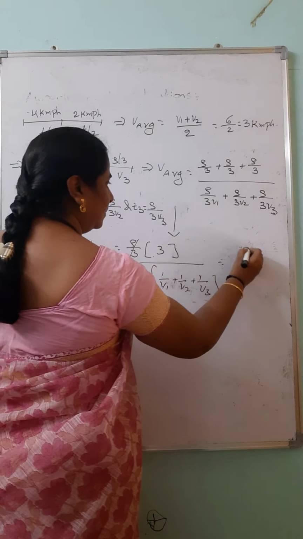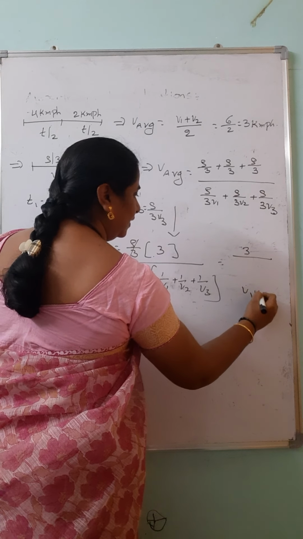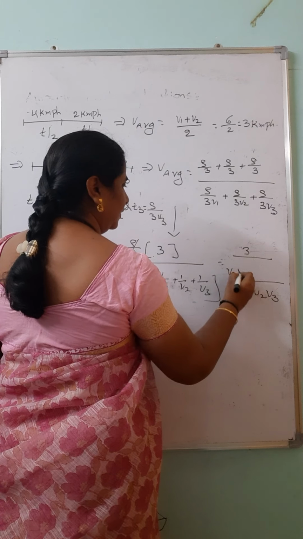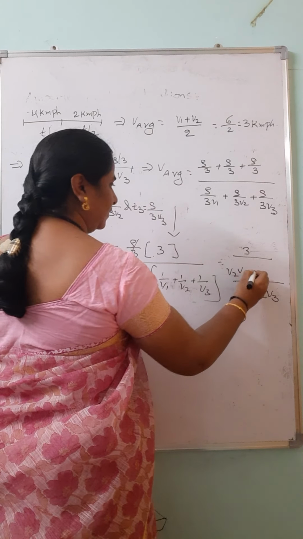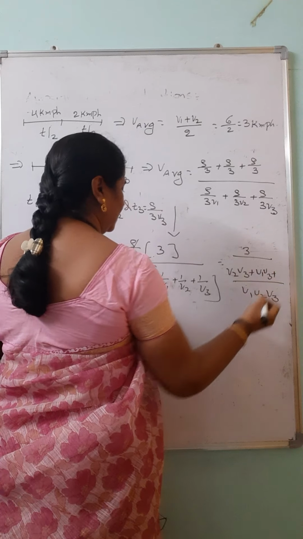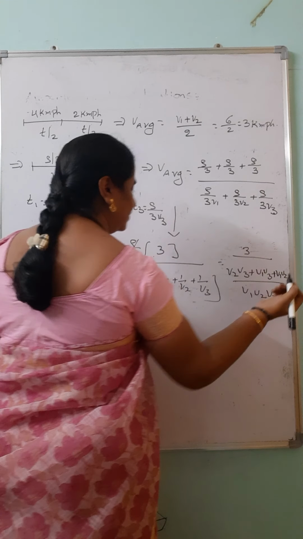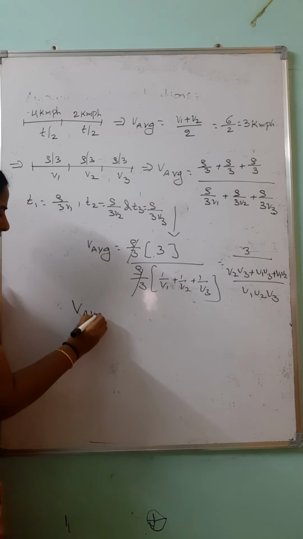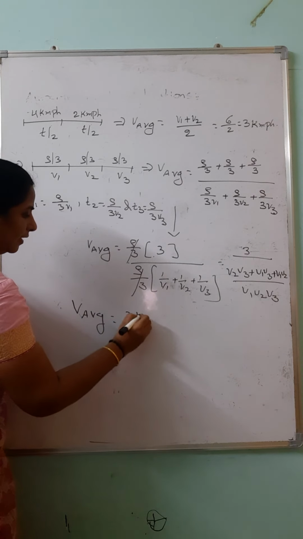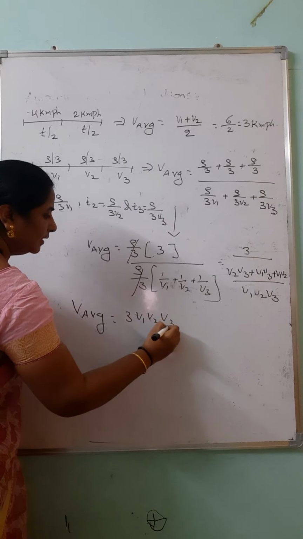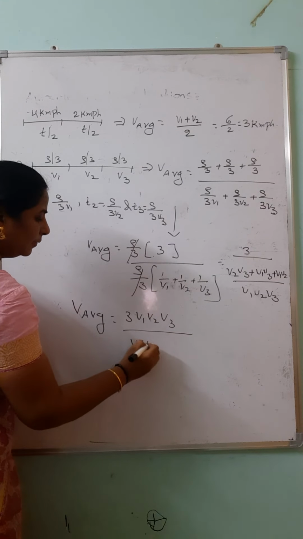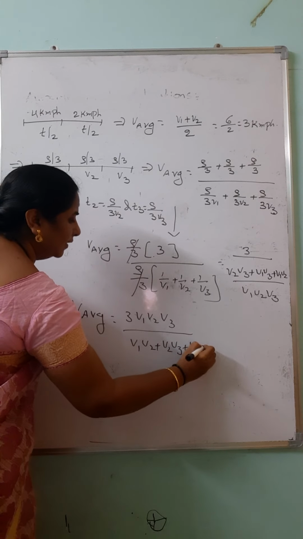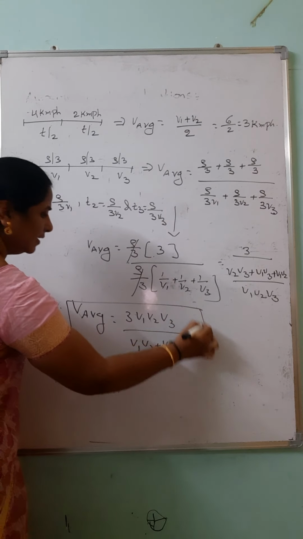After taking the LCM, V1 V2 V3, we get V2 V3 plus V1 V3 plus V1 V2. So finally, if the body covers one third of the distance each, the average speed is 3 V1 V2 V3 by (V1 V2 plus V2 V3 plus V3 V1). This is the average speed.